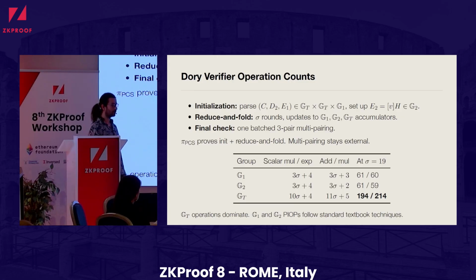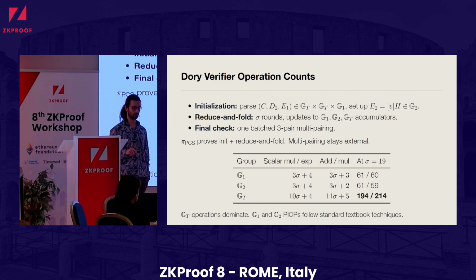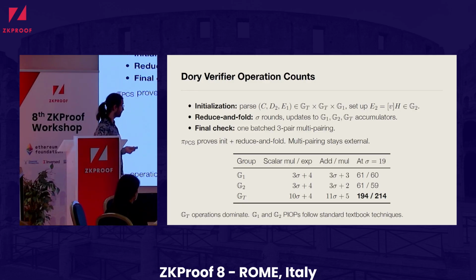And this table gives an idea of where the cost of these operations lands. We see that all of them are linear in sigma, which is the number of rounds. And we can see that the most operations come from the target group of the pairing.